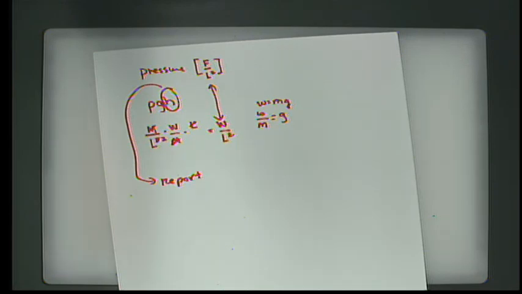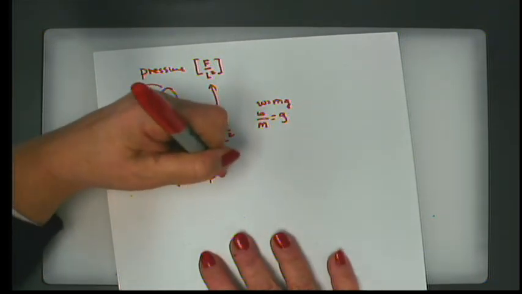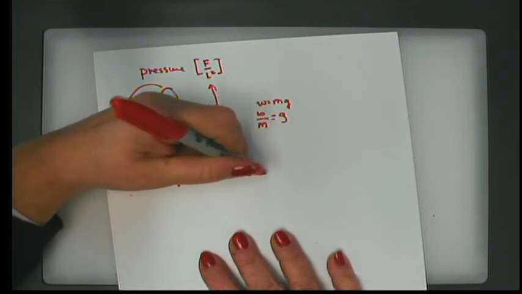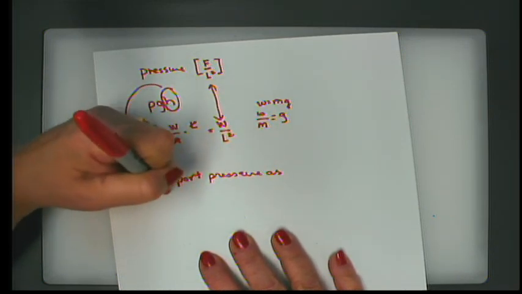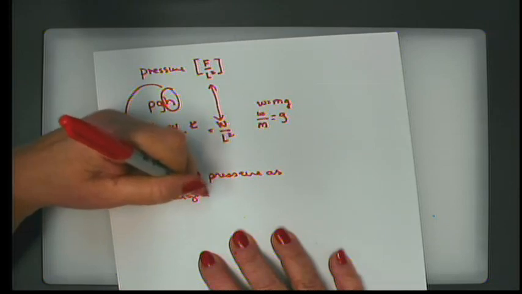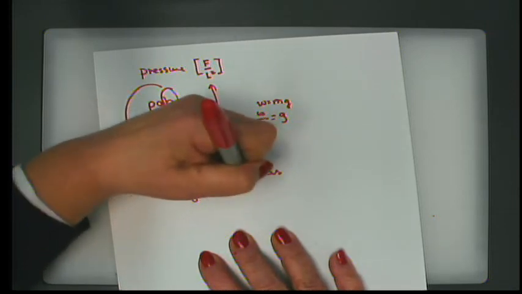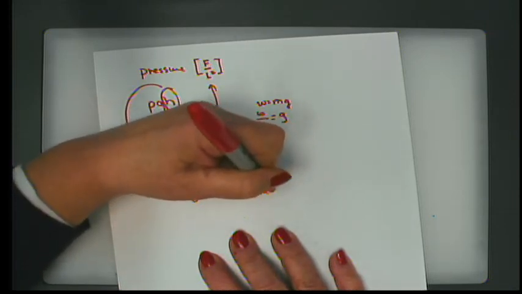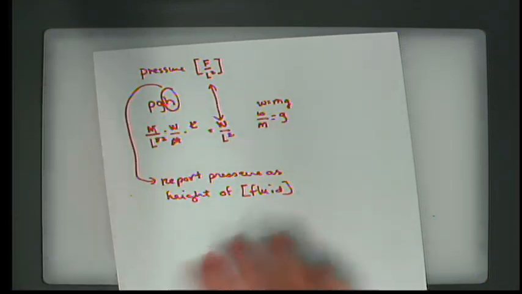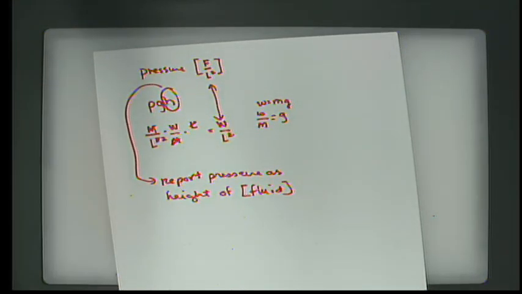So you can report pressure as length or height of a particular fluid: height of a mercury column, height of a water column, height of an air column. And boilers, if you ever have a chance to go into an old building and look at an old-fashioned boiler, the gauges are generally recorded in inches of water, which is kind of interesting.